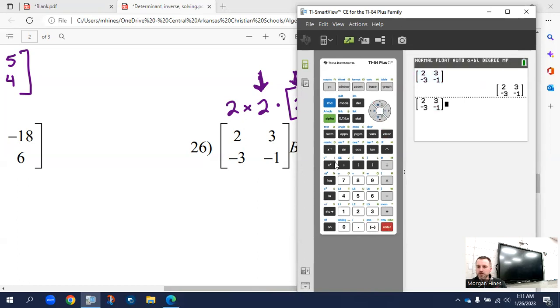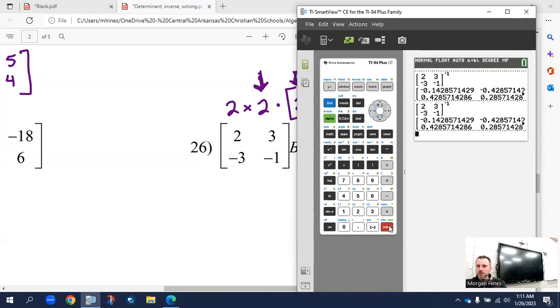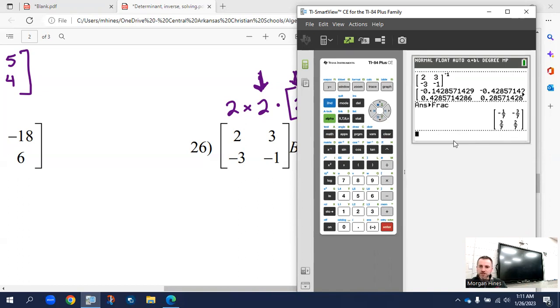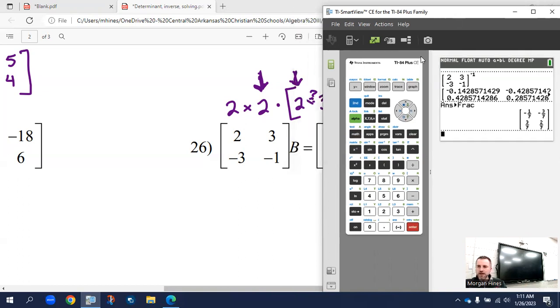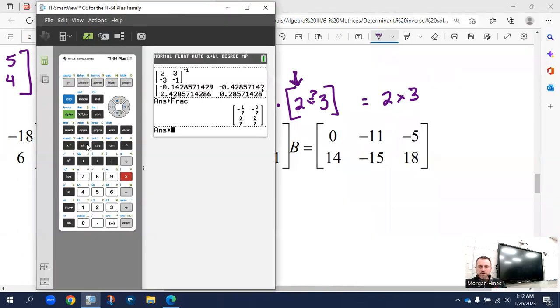If I want to do the inverse of that matrix, kapow, oh wow. So there's the inverse matrix. So you can just get that using your calculator. And then we need to take that answer and multiply it by this matrix. The 2 by 3.